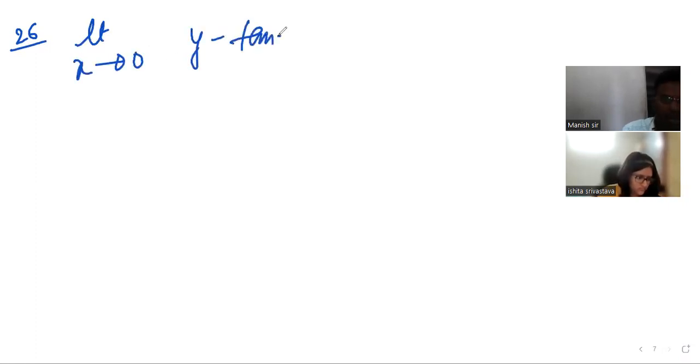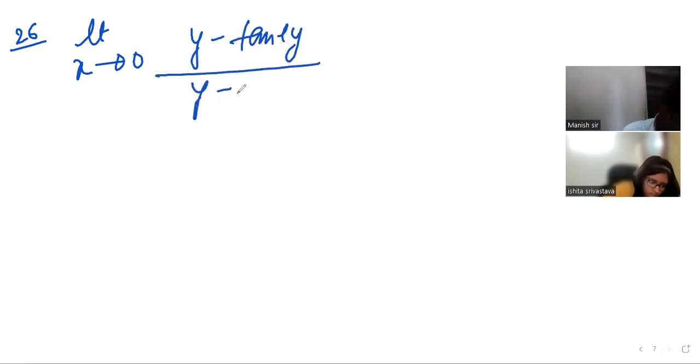Now see question number 26. It is limit x tends to 0, y minus tan inverse of y divided by y minus sine of y. It is given in y form, so you have to take y tends to 0.